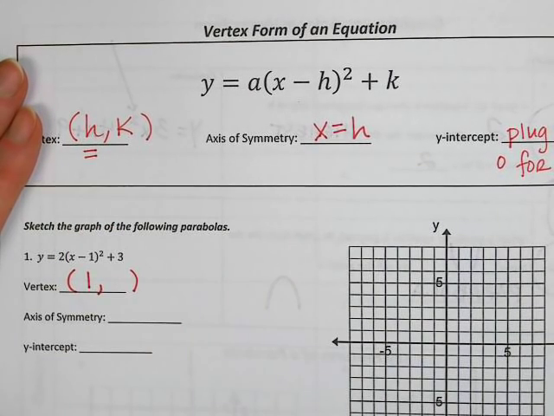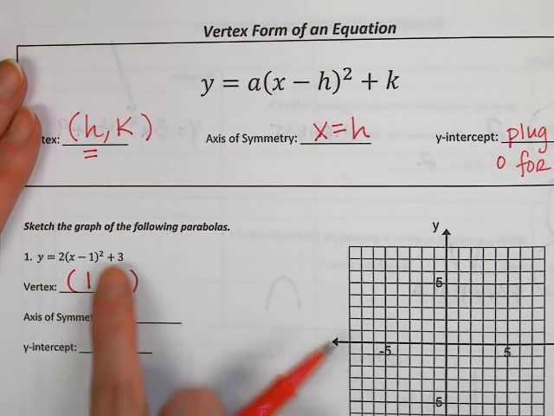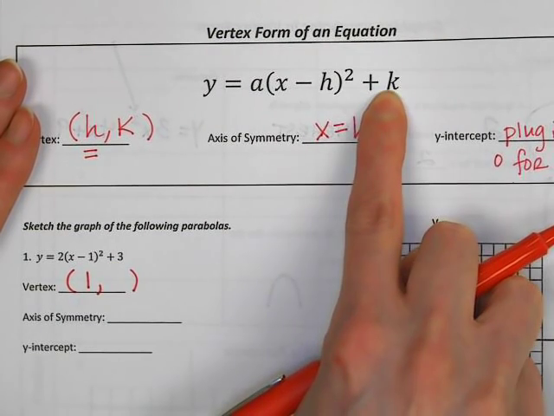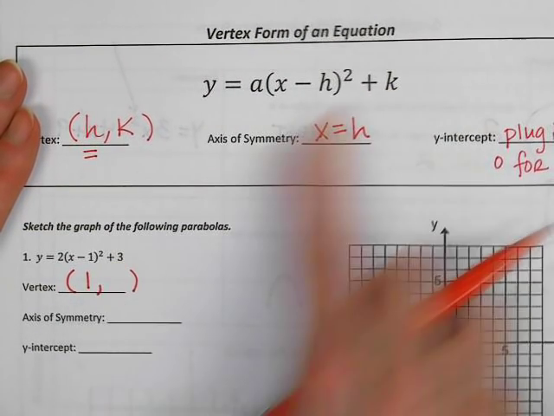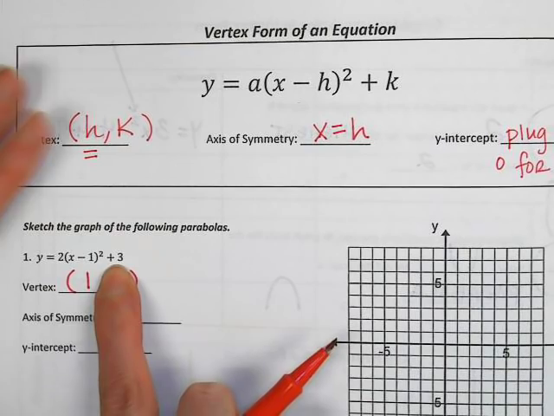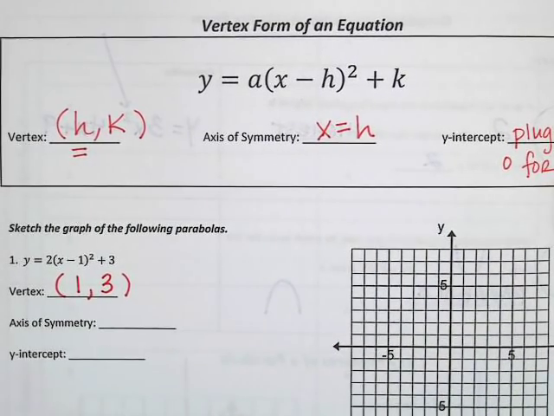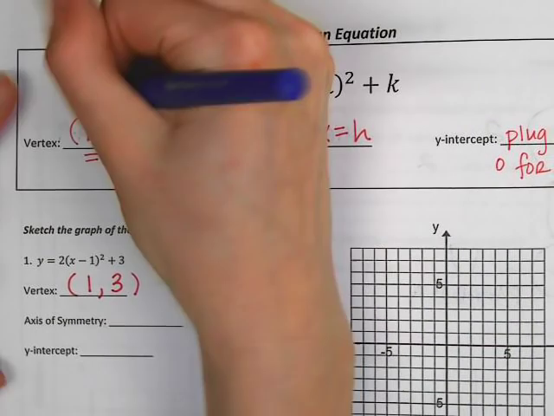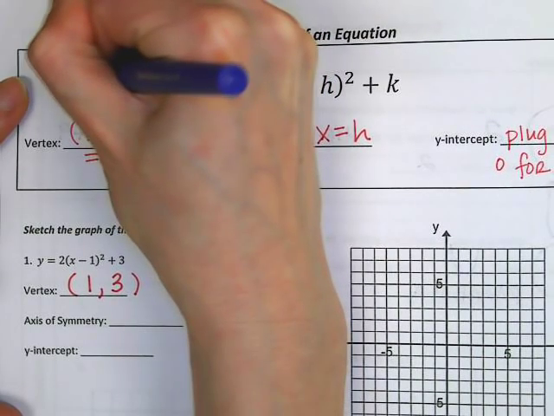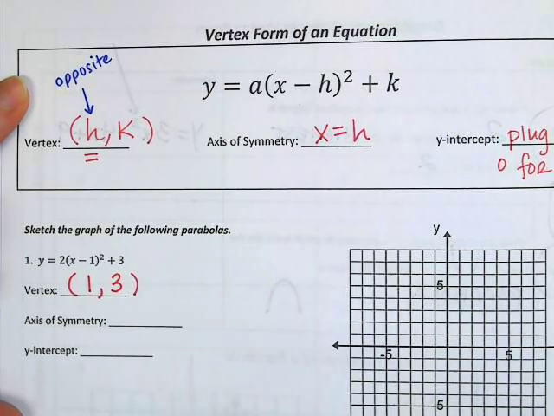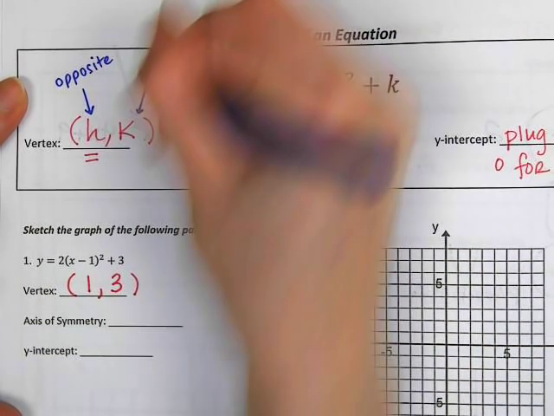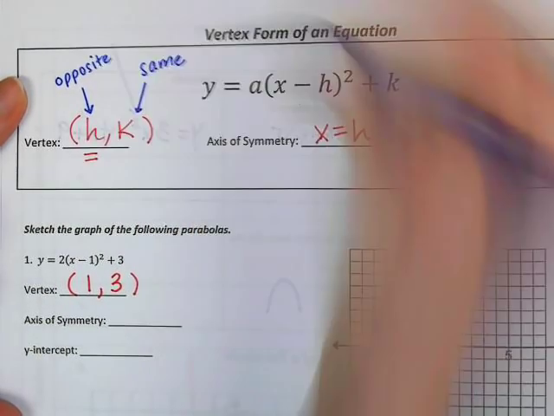Now the k, since it's positive, it is what it is. So if it says positive 3, it stays positive 3. So we should probably write that down, that the h is always opposite its sign in the equation, and the k is the same.